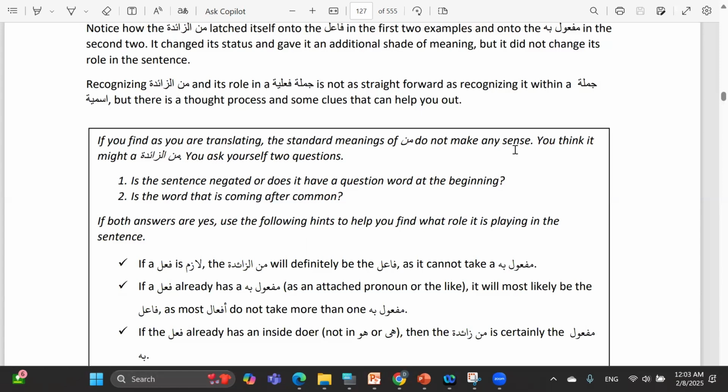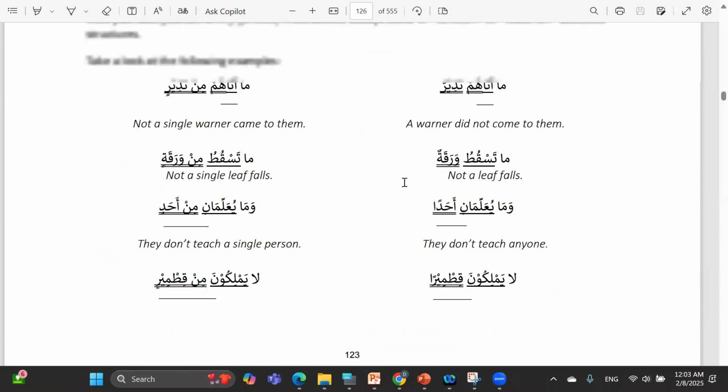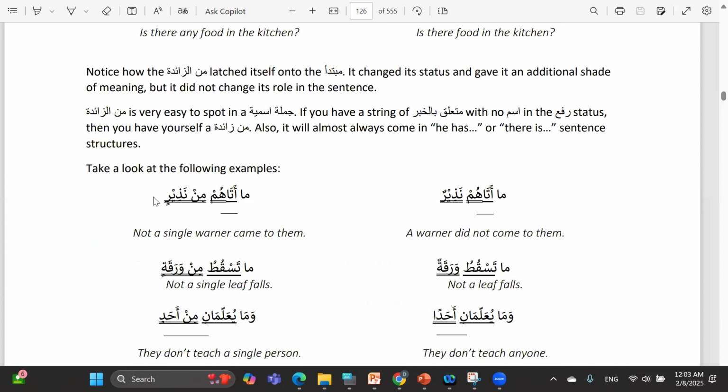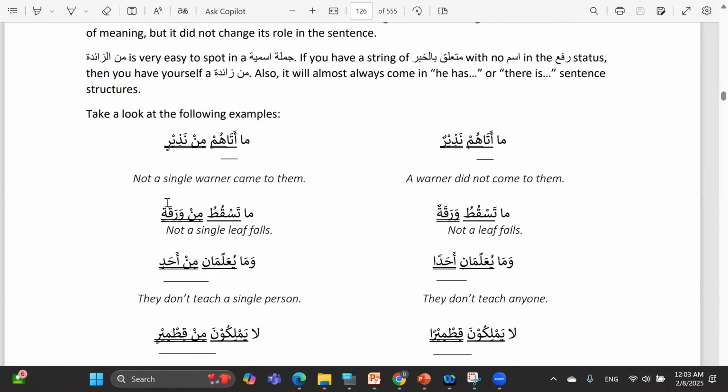Suppose you are translating this sentence, ma atahum min nazirin, ma nafiya, no one came from the warner. This doesn't seem a good translation. So ma atahum min nazir, not a single warner came.